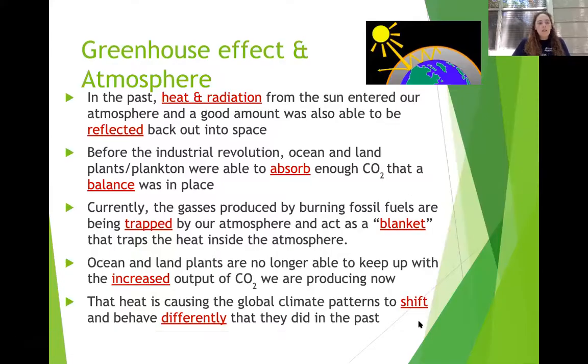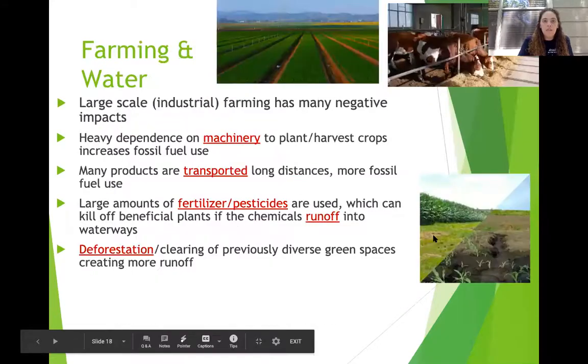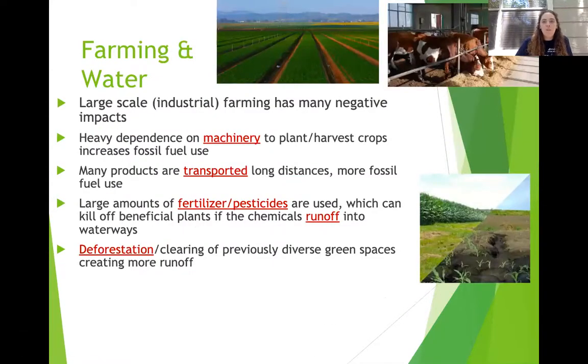So the way that tragedy of the commons happens, in the case of greenhouse effect, sure, leaving your car idling, pumping all that CO2 in the atmosphere, but the AC is on while you're waiting for your McDonald's to get delivered, is a benefit for you, but adding all that carbon dioxide to the atmosphere disrupts the balance. When it comes to farming, not only do we get the carbon dioxide from the machinery, but the pesticides and fertilizers all damage our waterways.